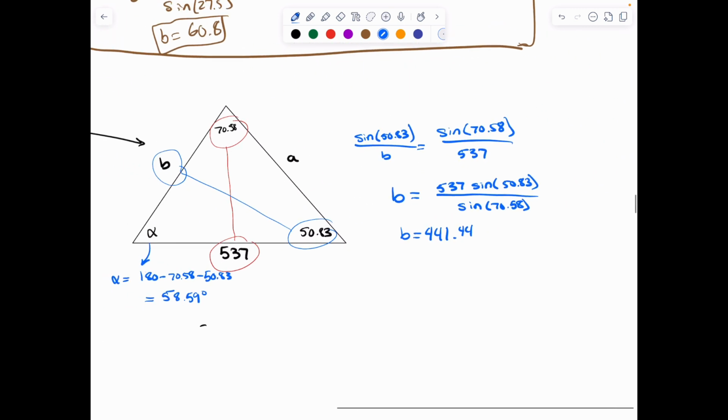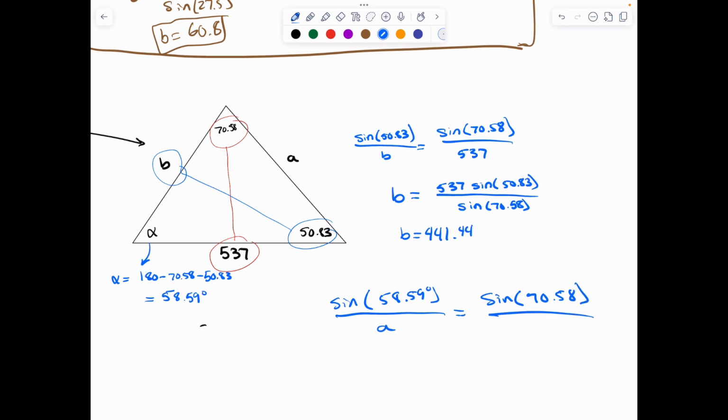And then the final job that I have is to compute A. And so you have sine of 58.59 over A is equal to sine of 70.58 over 537.